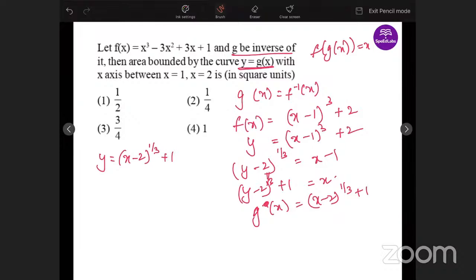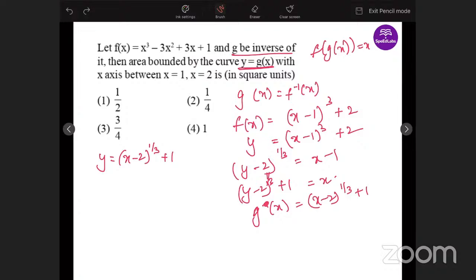So where it crosses the x-axis and y-axis, let's observe, because anyway it's x power 1 upon 3, so the graph should look something like this. Yes sir, it is raised to 1 upon 3. So we'll just check where the x-axis and y-axis are getting cut.